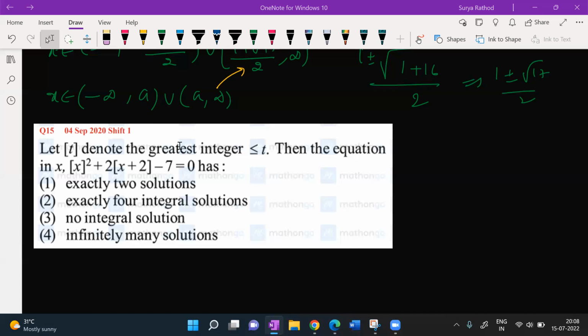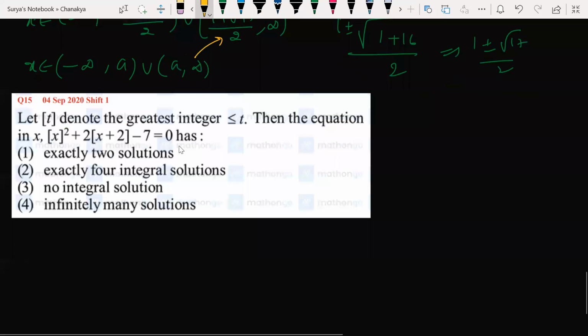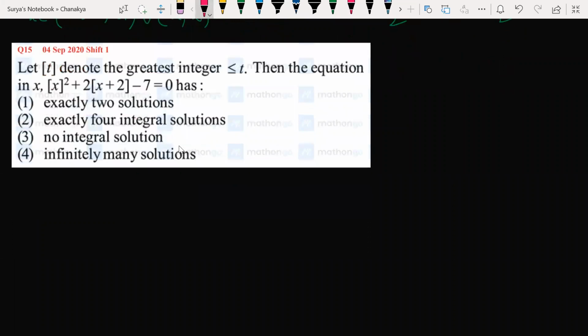See, if you solve that, [t] denotes what? The greatest integer function which is less than or equal to t. Correct? Then the equation in x: [x]² + 2[x] + 2 − 7 has how many solutions? So let me just solve this question.